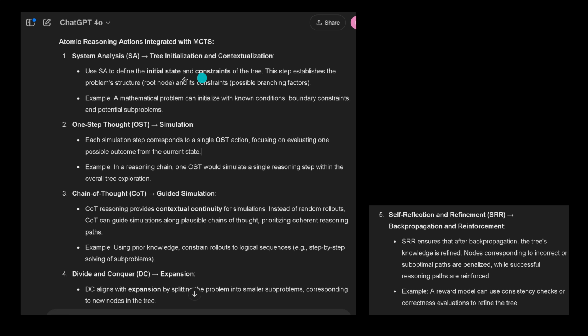Yeah, if you want, I have here a side step where I show here how this 5 atomic reasoning action could be further integrated here with Monte Carlo tree search for the tree initialization here and the contextualization here of our Monte Carlo tree.